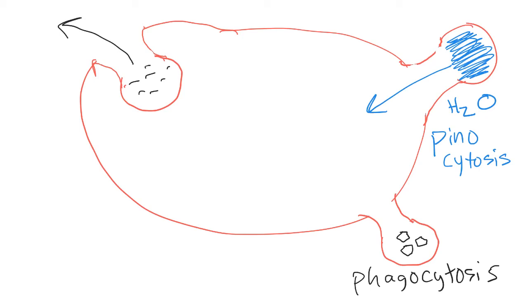So if it's anything other than water, it's phagocytosis. So this is also used to describe how white blood cells will surround a bacteria, surround it in a lipid membrane, and then enzymes will destroy it through phagocytosis. But this requires ATP. So in order to get this to work, you have to have a bunch of little ATP molecules and proteins.